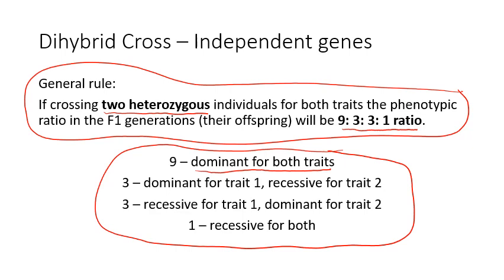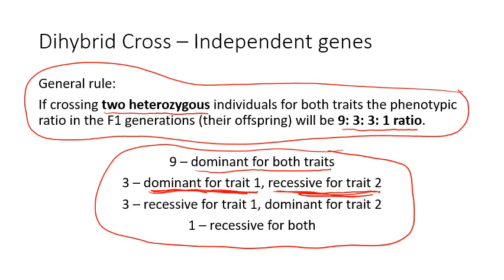In that Punnett square, 3 of those squares showed dominance for the first trait, but they were recessive for the second trait. So in the example we just did, there were 3 peas that were yellow for the first trait, but were wrinkled, which was our second trait.